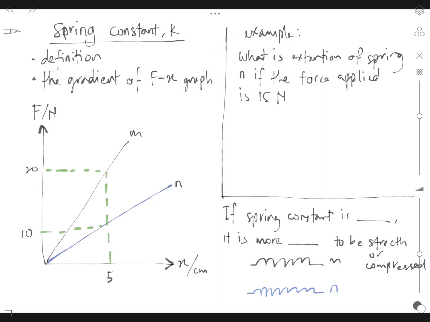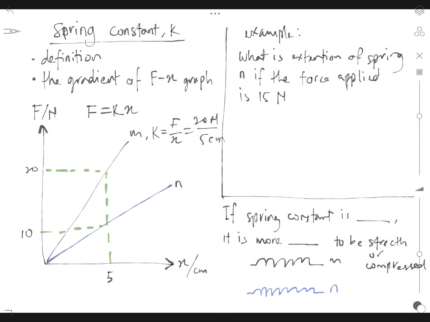First, we need to find what is the spring constant, as we know that the formula for Hooke's law is F equal to Kx. So for spring M, let us try to calculate the spring constant. F over x. F is 20 Newton divided by 5 centimeter.